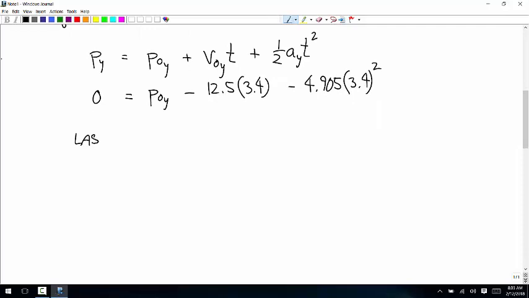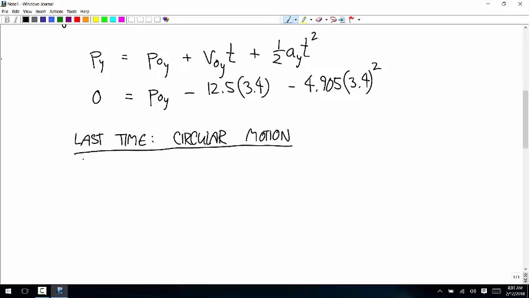All right, last time we were doing circular motion. And what we knew about circular motion was the speed is equal to the absolute value of the angular velocity times the radius of the circular motion.